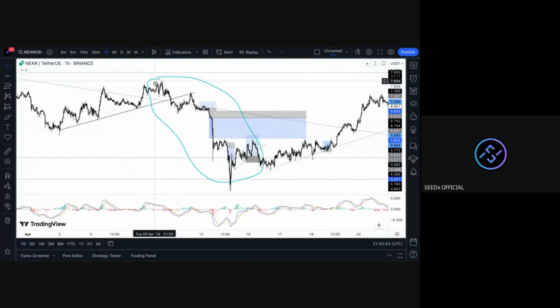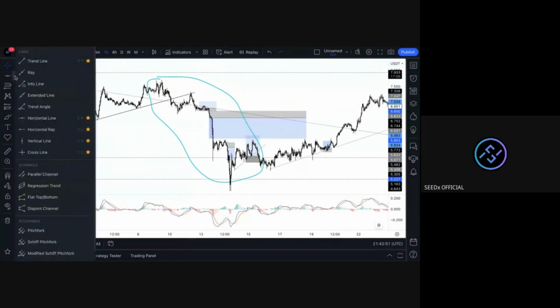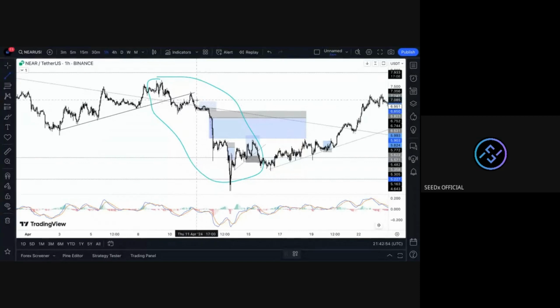So when you notice, okay, this was part of this uptrend, so I don't want to connect it. Now when you notice the trend, you must make sure when drawing it, the first two tops connect.